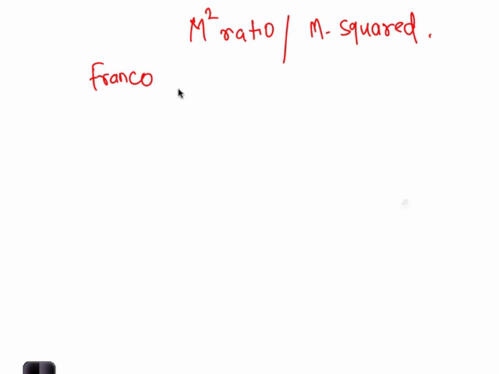The last ratio now is the M squared ratio, either written as M square or M squared ratio. It is called M squared because it was developed by Franco Modigliani and his granddaughter Leah Modigliani.